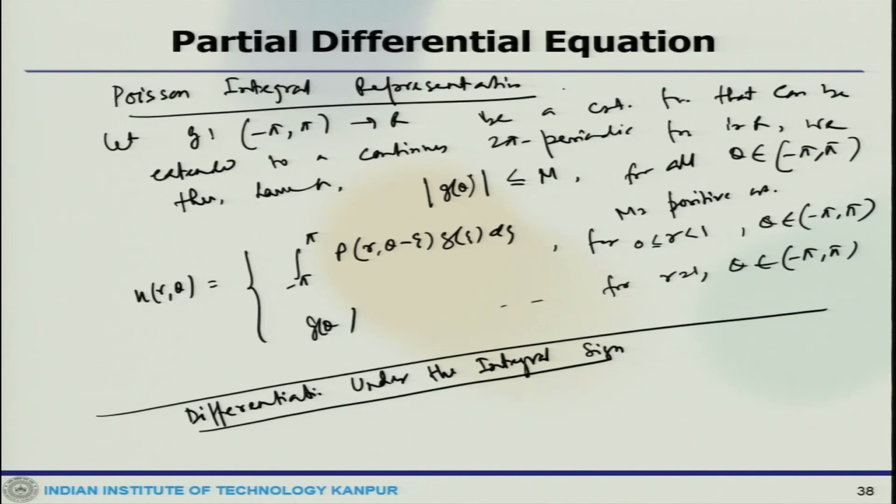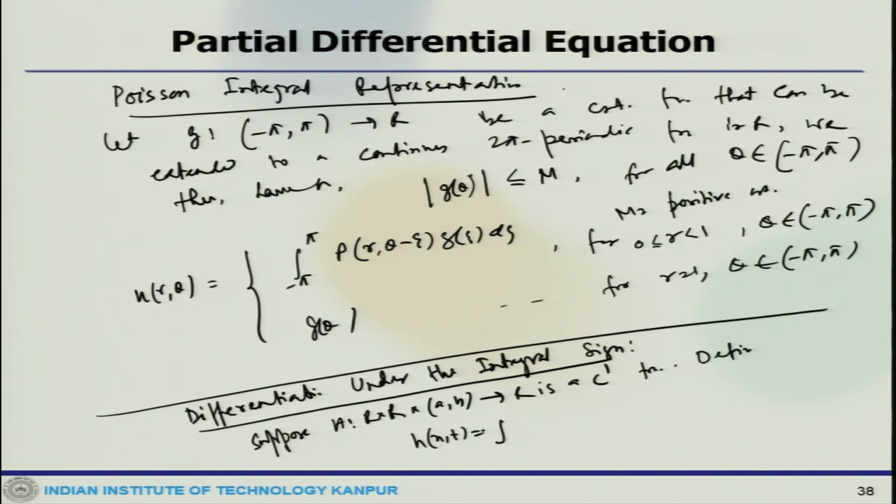Suppose h is given as a C1 function, and we define H of x, t equals the integral from a to b of capital H of x, t, s ds for all x belonging to R, t belonging to R.